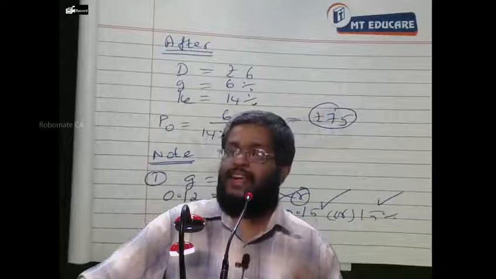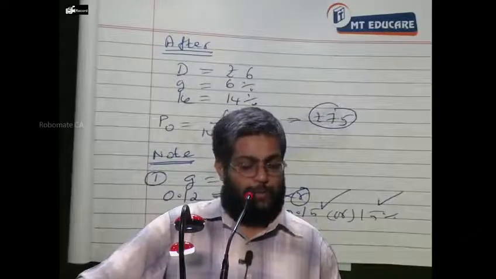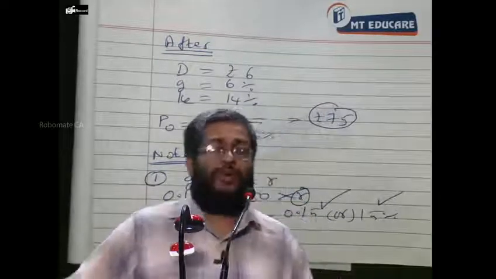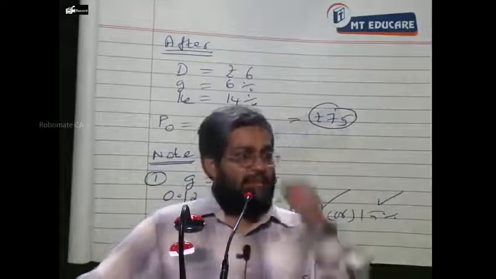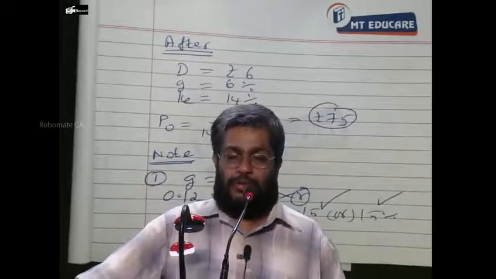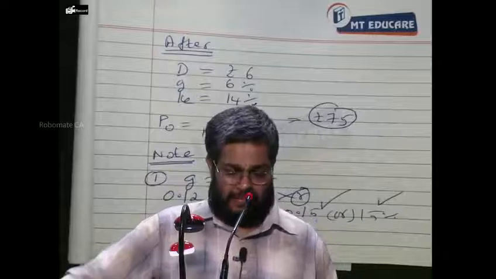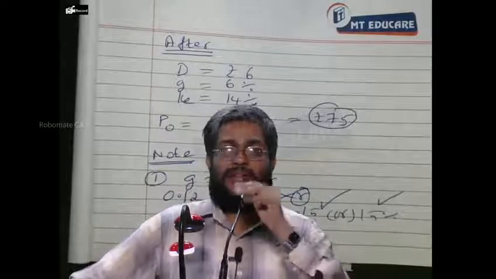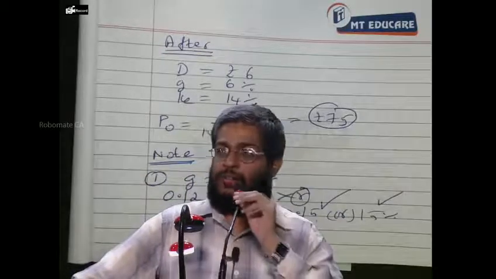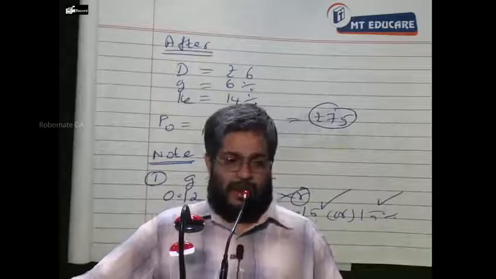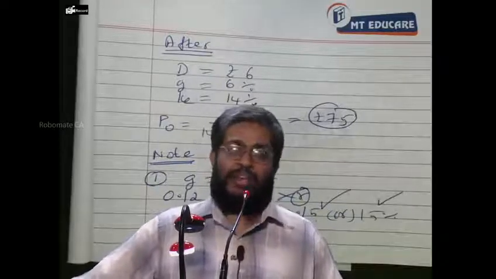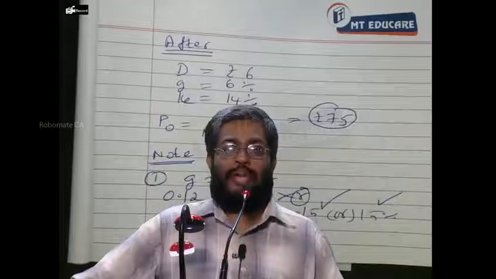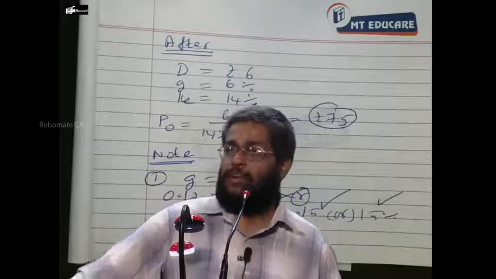Point C or D or E? Not point 5, no? Point number 5. Thus, the value of the founder to the company is 25 pounds into 2 lakh shares. Why do I say 25 pounds?